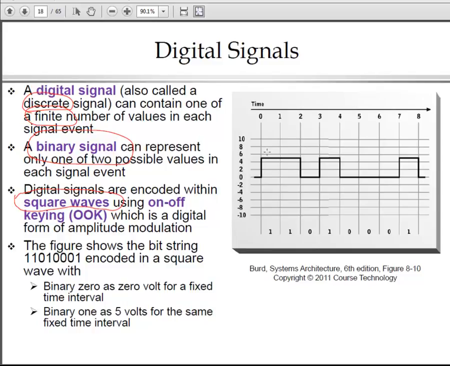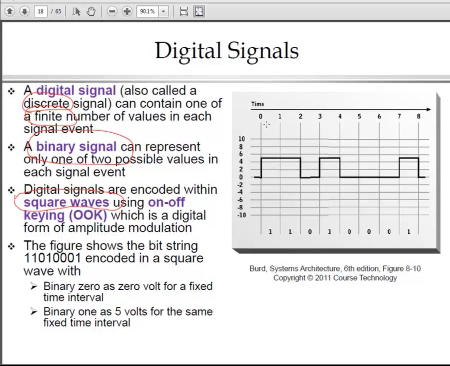Instead of having that nice smooth rise and fall as we had in all the previous examples, note we have instantaneous shifts between 2 values, and think of this as voltage again if you like. So here's a square wave where 0 bits are encoded as 0 volts and 1 bits are encoded as 5 volts.